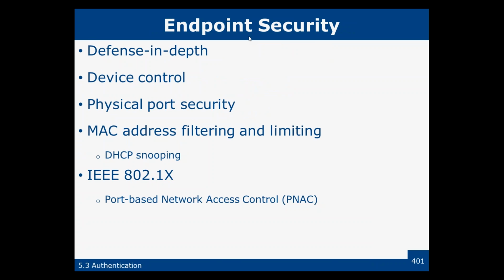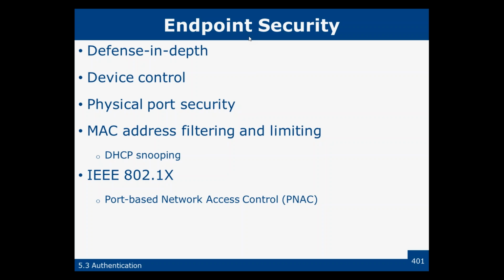Defense in depth means that we're going to have a lot of different things that we're going to use to defend our system. Defense in depth means that we start out with the perimeter defense. We've got the firewall getting into the network. We divide the network into VLANs.